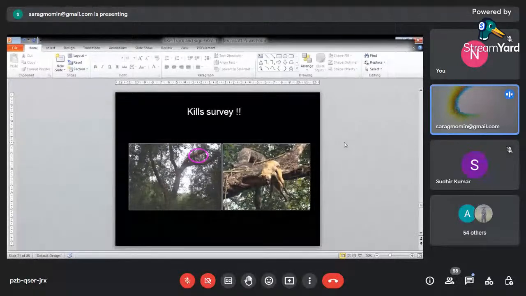It is only the leopard who prefers to carry dead prey to the top of the trees. So the presence of any domestic animal or ground dwelling animal at the top of a tree confirms the presence of leopard in that jungle.